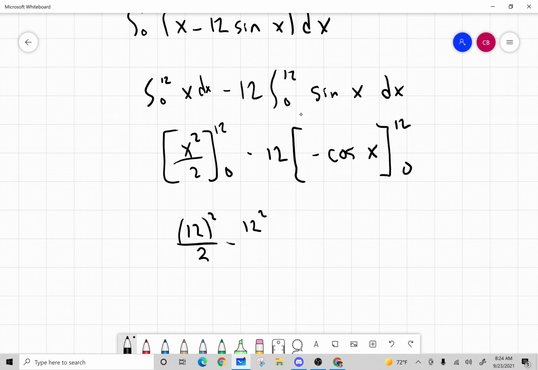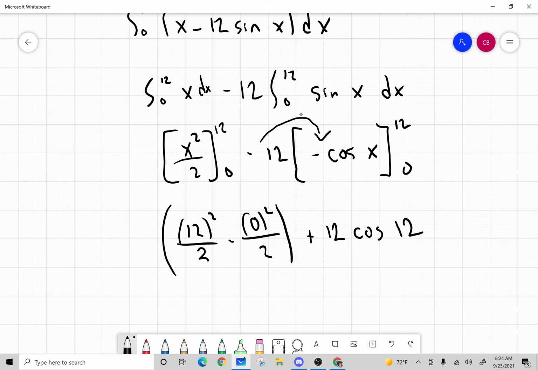Okay, that's the first part. And then we're going to distribute that back. So we have plus 12 cos 12. What I've done is I just multiplied this negative 12 to this, so that gave us plus 12, and then we plugged in the 12 for x. And then remember, we subtract off the next one, so minus 12 cos 0. This minus came from the fact that it's the step where you subtract off the lower limit.